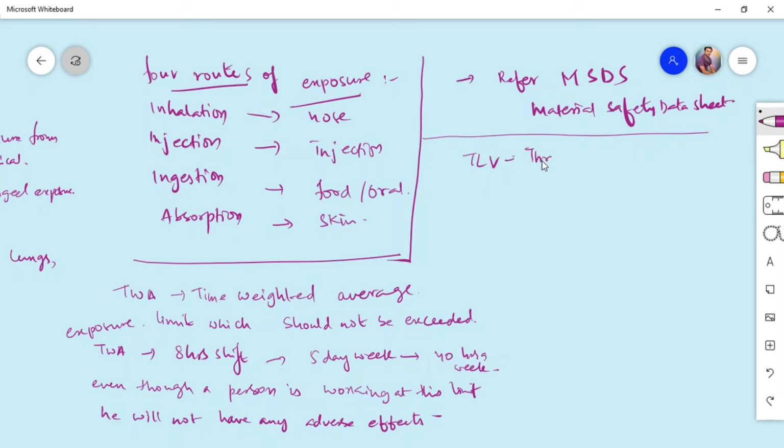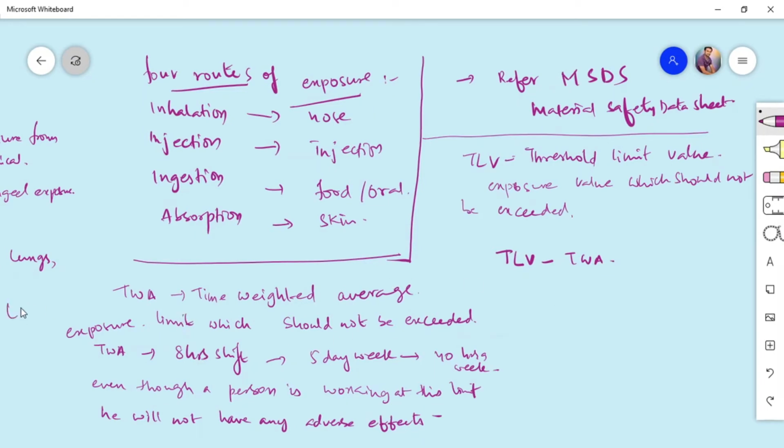TLV is threshold limit value. This is the exposure value which should not be exceeded. So when we are discussing TWA, we will not call it a simple TWA, we call it TLV TWA. For the limits of this TWA, always refer to ACGIH.